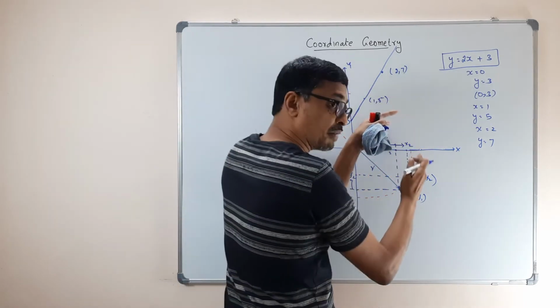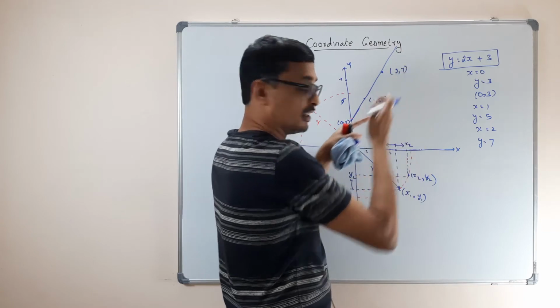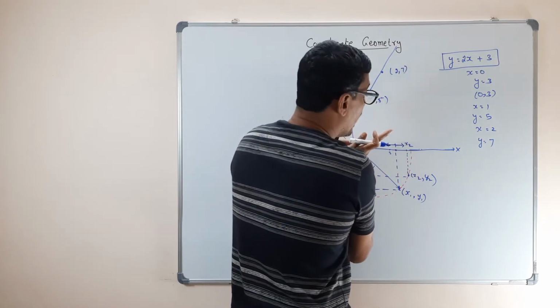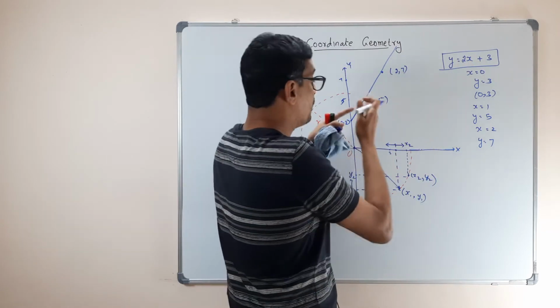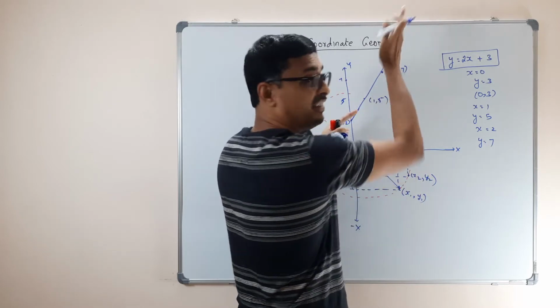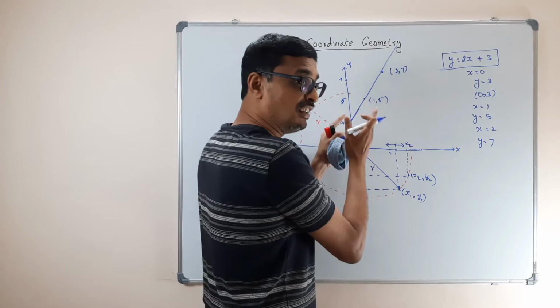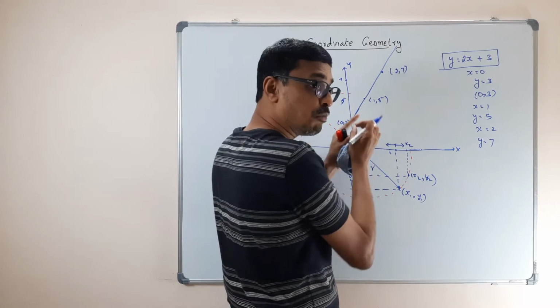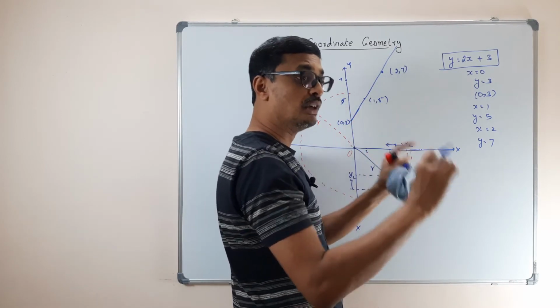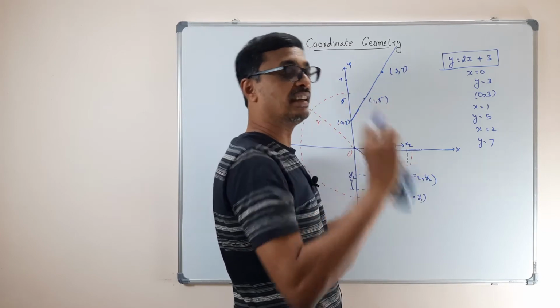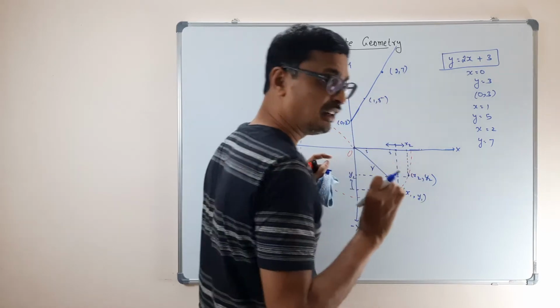The points forming a perpendicular bisector are a locus. The points forming the angular bisector are a locus. Even the points forming a straight line are also a locus. Because why? The condition is what? The set of points which follow a certain geometrical condition. That's what your locus is.